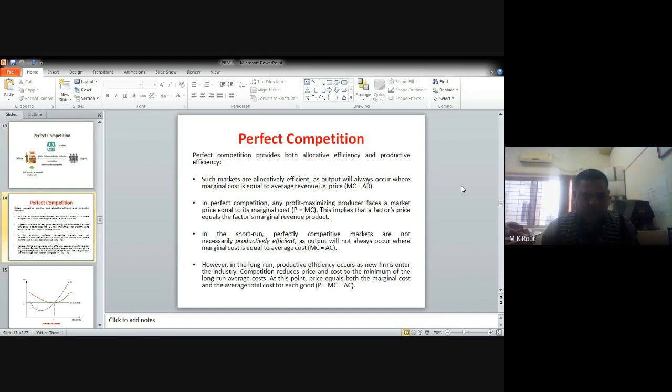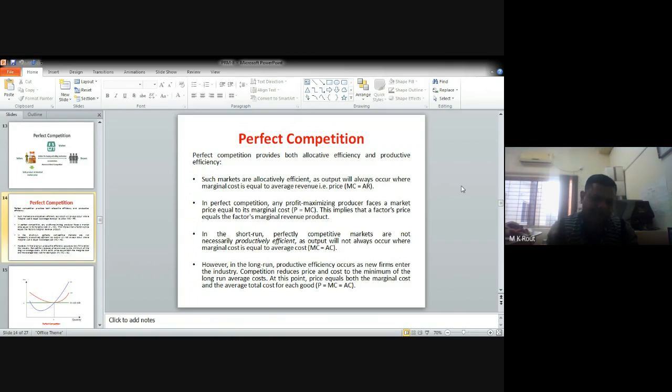Moving to the next one. These are a few conditions, or you can see that the perfect condition provides both allocative efficiency and productive efficiency. If you go to the literal definition, in such markets that are allocatively efficient, output will always occur when marginal cost is equal to average revenue.